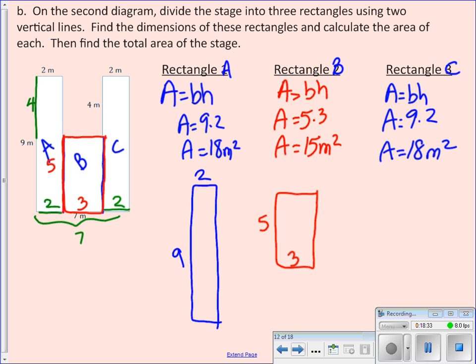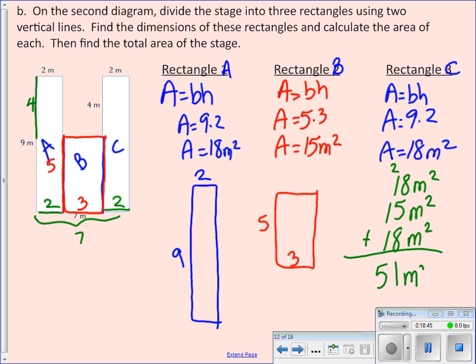So to find the total area, I add my 3 areas together. Same area. So it didn't matter which way we deconstructed that irregular polygon, wow vocabulary, we still got the same area. Okay?